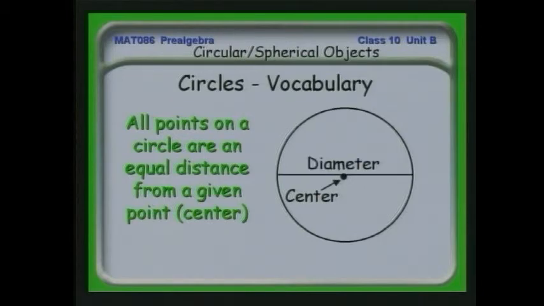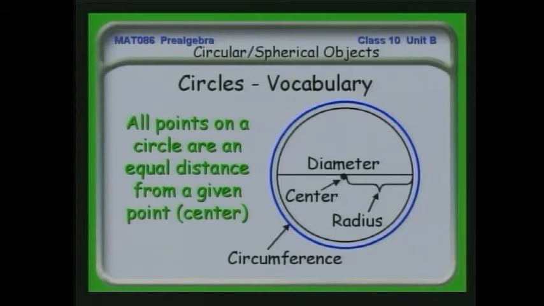We call the distance across a circle that goes through the center the diameter, and we call the radius the distance from the center of the circle to the edge. So if you're going all the way across, you're dealing with the diameter. If you're going from the center to an edge, that's called a radius.